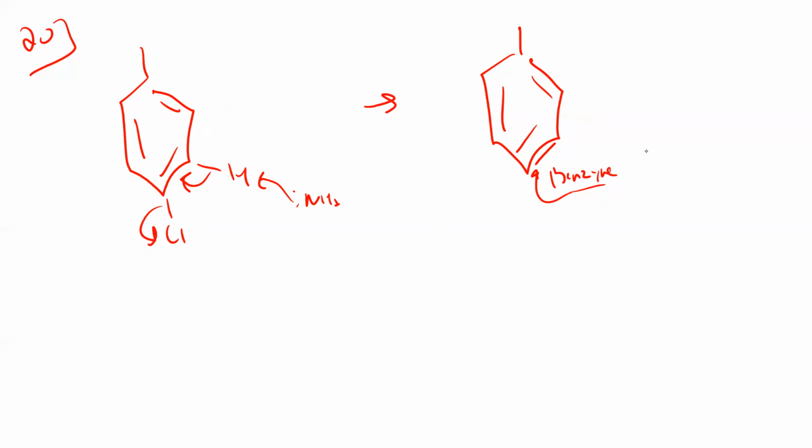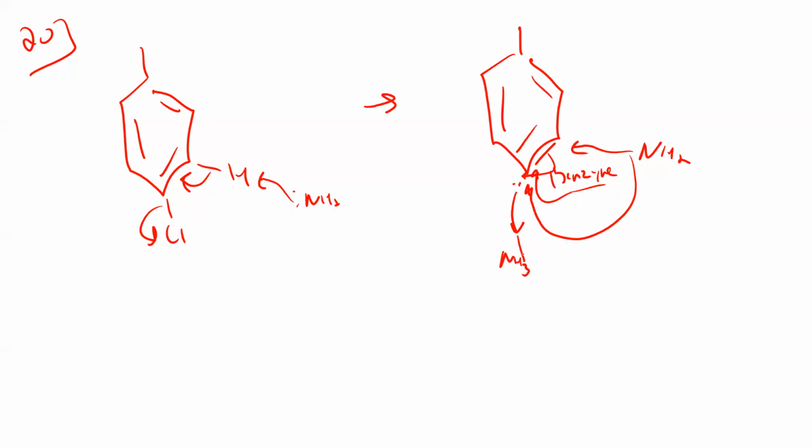Then this group can either come in here or come in here. It can come in either place. Depending on where that attack is occurring, if it comes in here, this would generate a lone pair of electrons, and then it could take a proton and we just generate NH3, right?